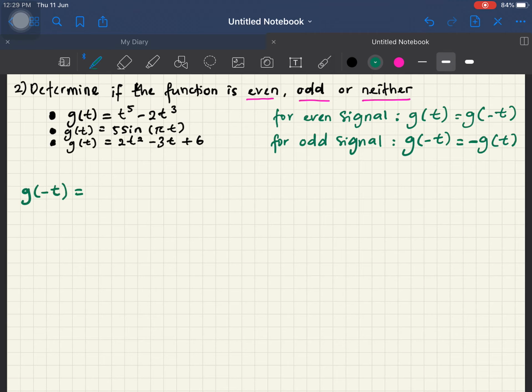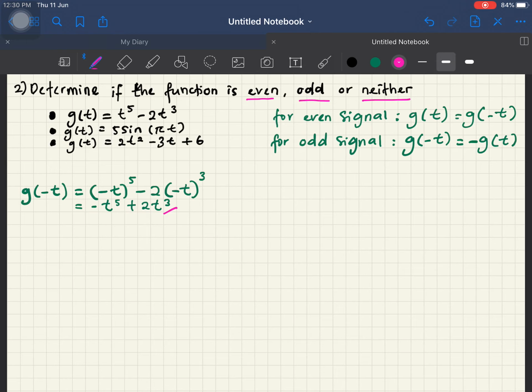Let's try g of minus t. You substitute t with minus t: minus t to the power of 5 minus 2 times minus t to the power of 3. If you solve this, you get minus t to the power of 5 plus 2t to the power of 3.